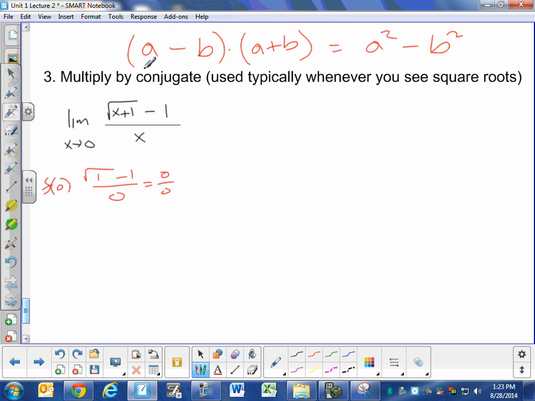What I'm going to do is say that this root x plus 1 will be my A, and this 1 is my B. I'm going to multiply the top and the bottom of that fraction by the conjugate of that. So I will multiply by root x plus 1 plus 1.